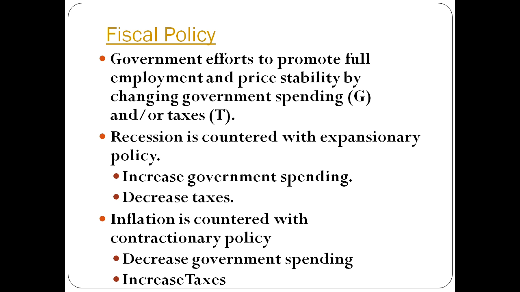The big downside with the contractionary policy is that if you overdo it, it could end up causing unemployment. But a key thing to remember is that with a contractionary policy, you're decreasing government spending and increasing taxes.